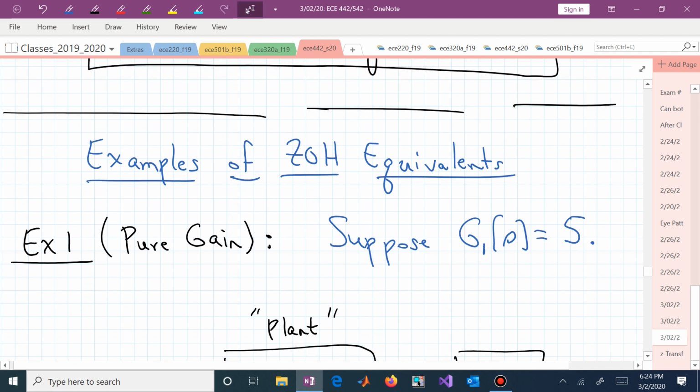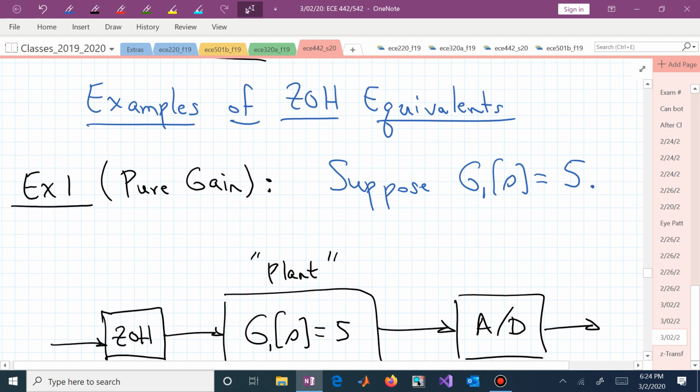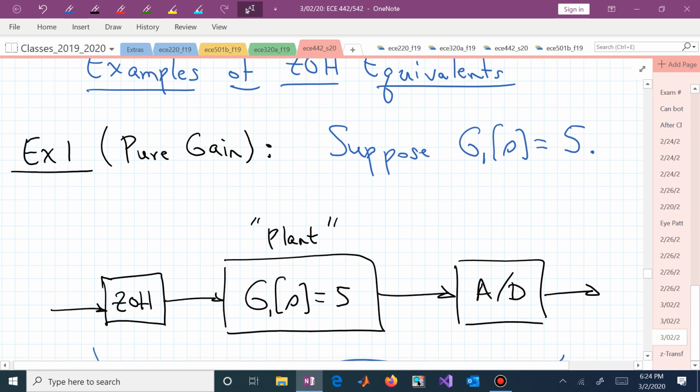Let's look at a zero order hold equivalent, example 1 of a pure gain. Suppose the plant, G sub 1 of S, that's the G of S that we've been talking about, is just a constant. You give me an analog signal, and my plant simply amplifies that signal by 5.